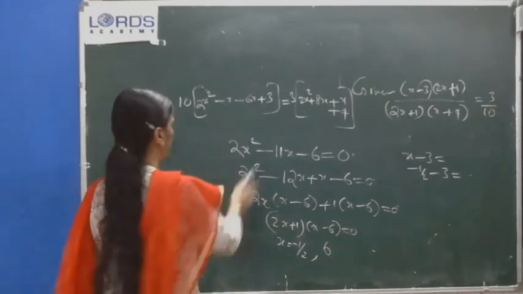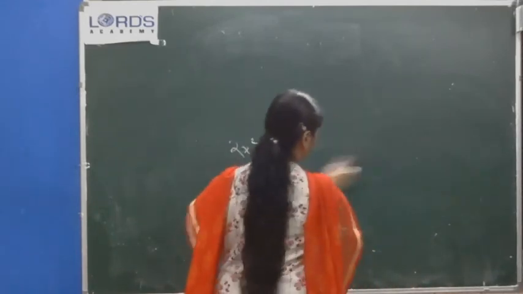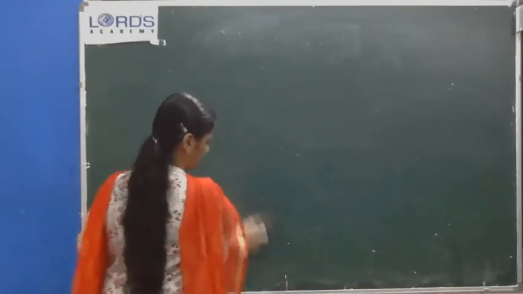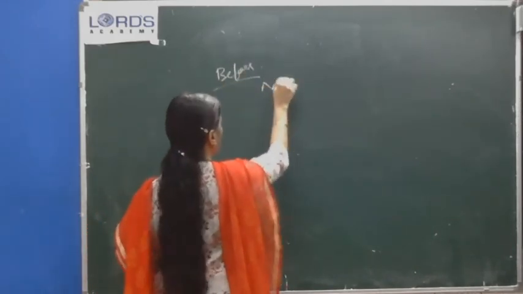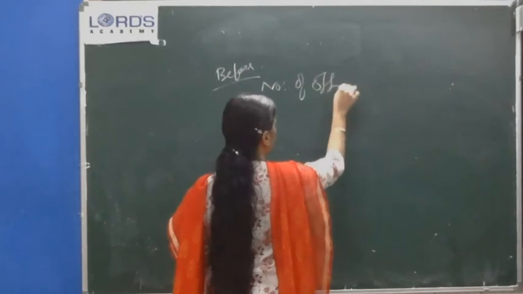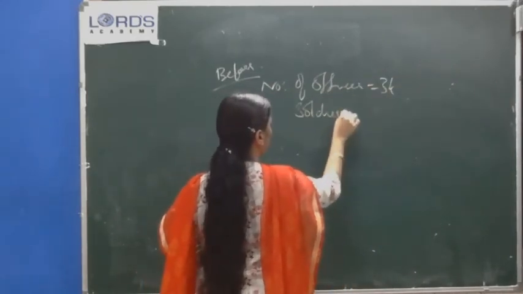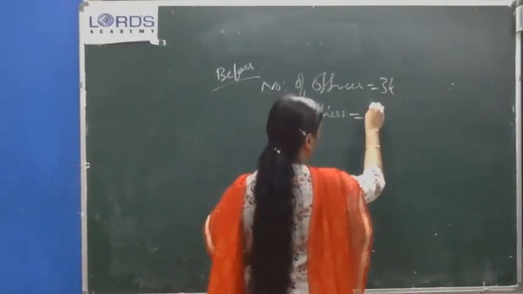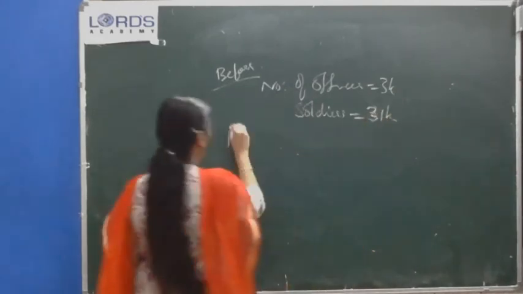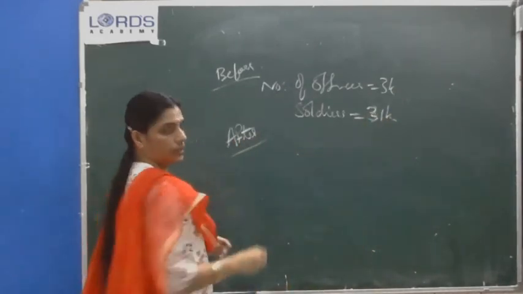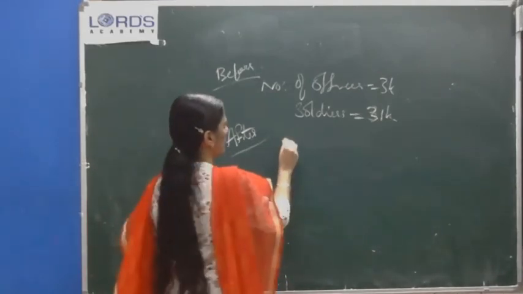Now after the battle, before: officers 3k, soldiers 31k. Now after the battle 6 officers and 22 soldiers were killed.